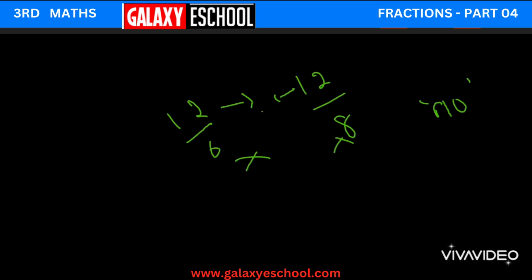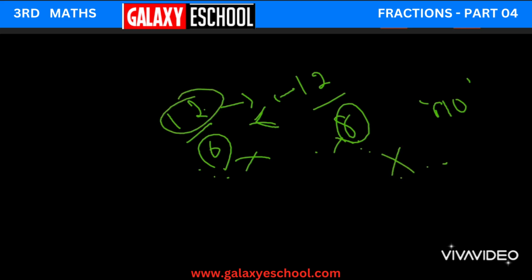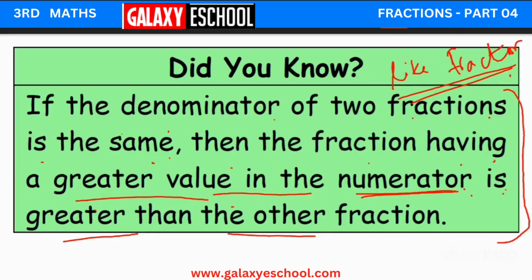So we cannot simply say that 12 by 6 is less than 12 by 8 just because 6 is less than 8. We should not jump to the conclusion that 12 by 6 is less than 12 by 8. So this is not applicable to fractions where the numerators are the same. Where is it applicable? Only when the denominator of two fractions is the same.